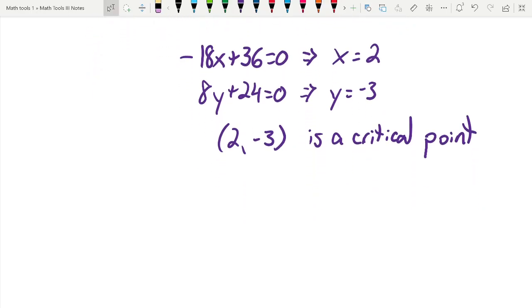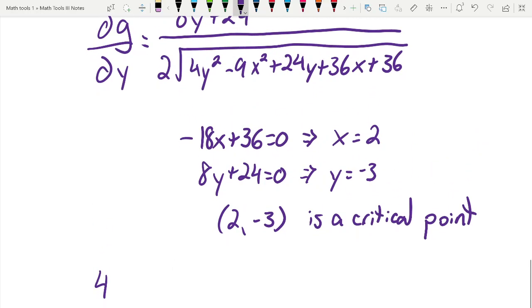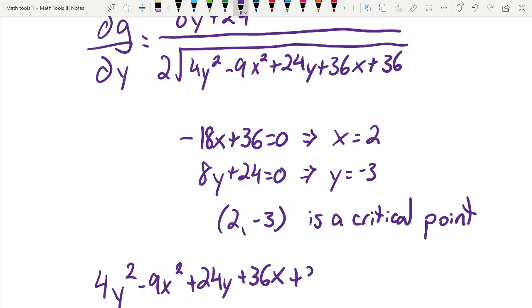So we're looking for 4y squared minus 9x squared plus 24y plus 36x plus 36 is less than 0. Okay. So definitely not an easy thing to really deal with. And actually this should be less than or equal to 0, right?